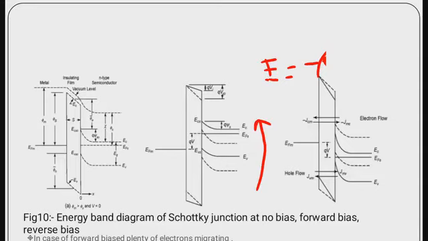But in case of forward bias, what basically happens?